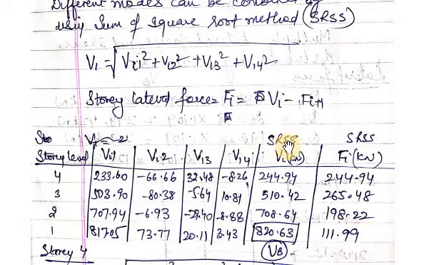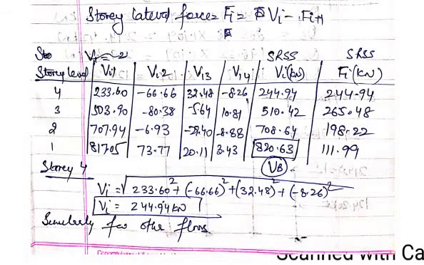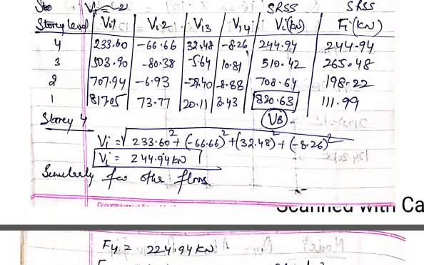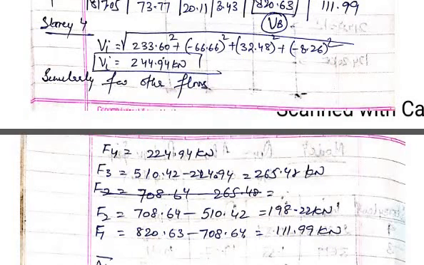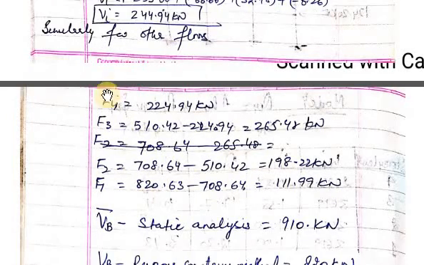Then we will do SRSS for these values. Now these are your values here.